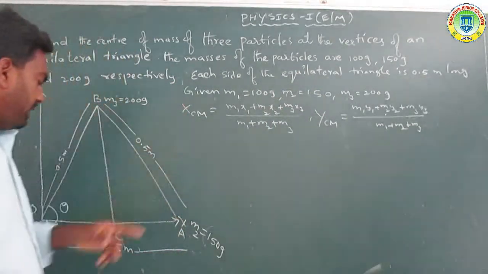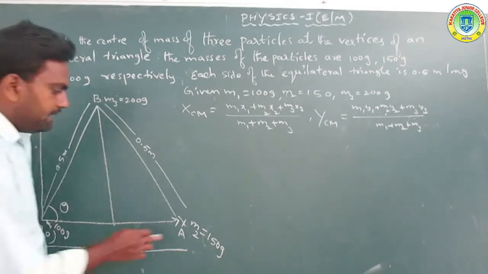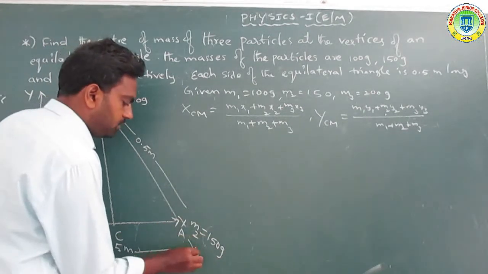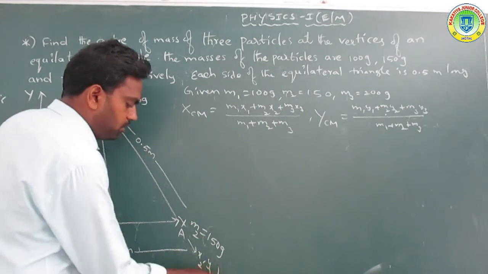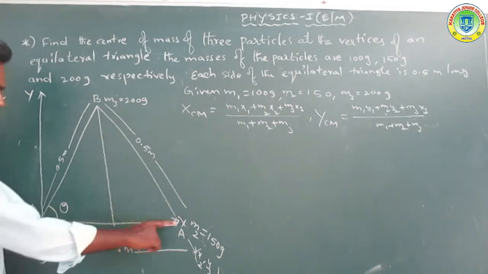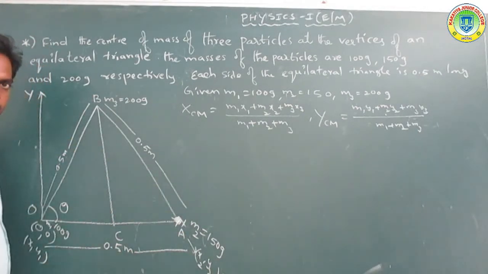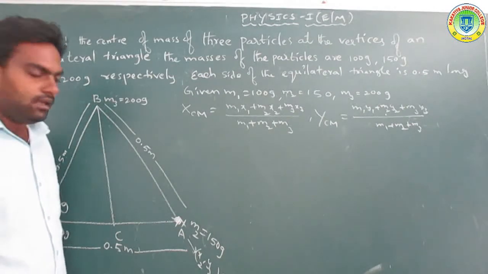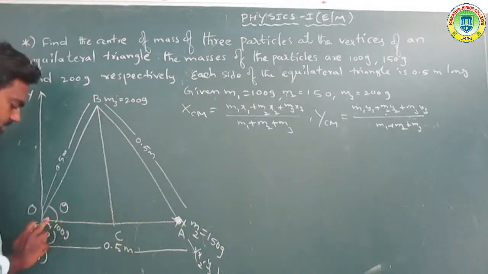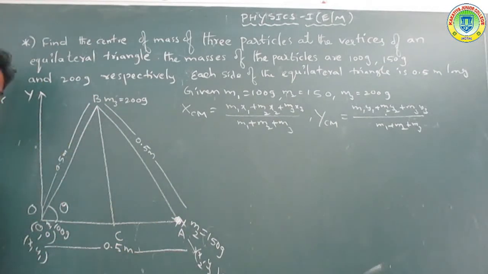So x1, y1 is at the origin, 0, 0. Now to find x2, y2: this is the x-axis, and this particle, the M2 particle of mass 150 grams, is placed here. The length taken is 0.5 meters, which is x2.